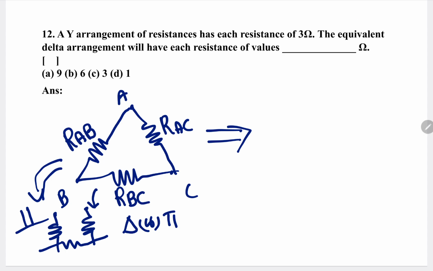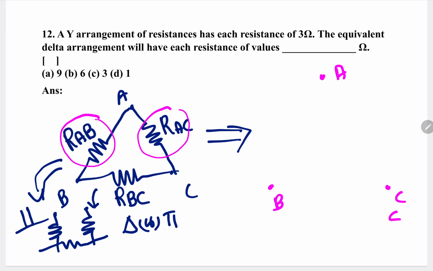Now let us see how to change this delta network into star network. Again terminals are there, this is A terminal and this is B terminal, this is C terminal, this is A and it is B and it is C. See, this RAB RAC combination is connected to which terminal? A terminal.